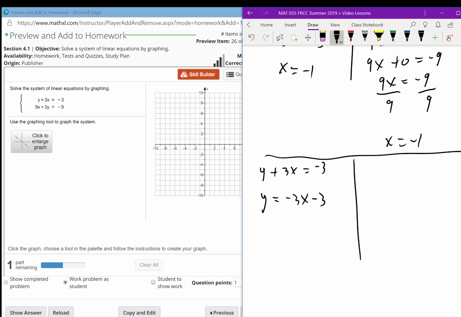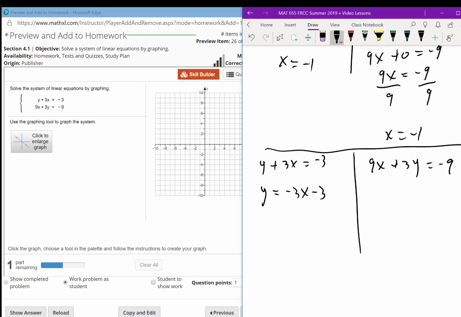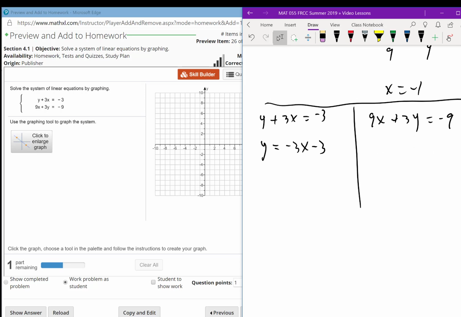And notice if I take the 9x plus 3y equals negative 9, again, solve for y. So if I subtract 9x from both sides, then I'm going to get 3y equals negative 9x minus 9.